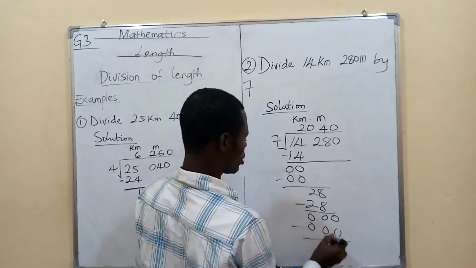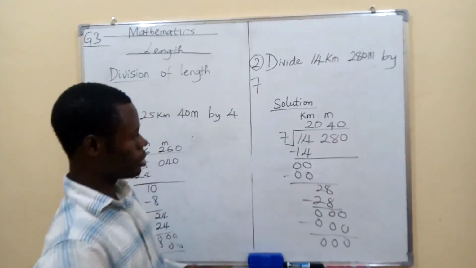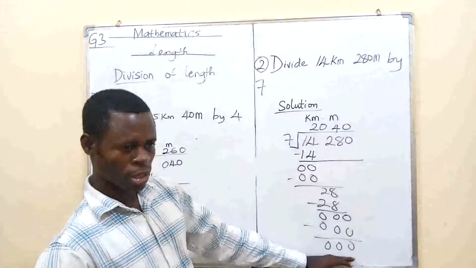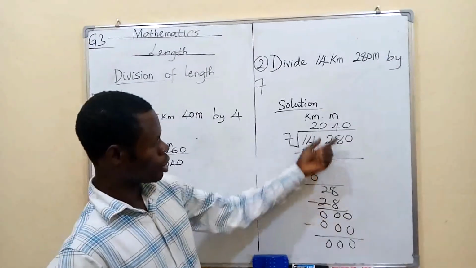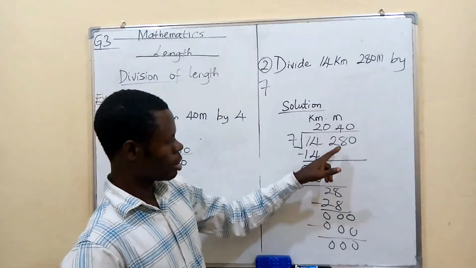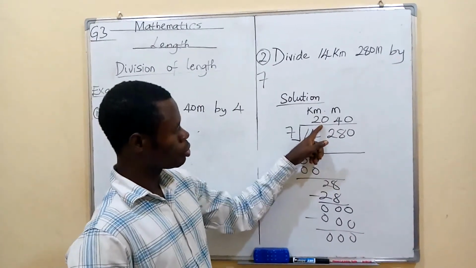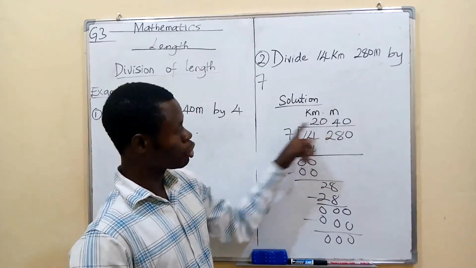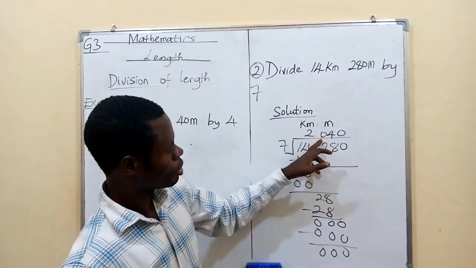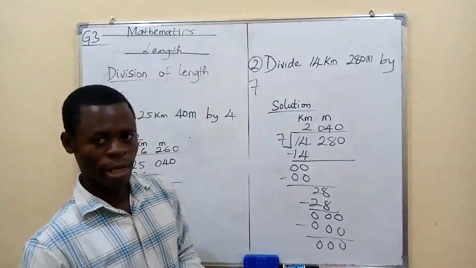If you subtract, you are still going to have 0. So since you subtracted till you have nothing left, that means what you have here is your answer. 14 kilometers, 280 meters divided by 7 is what? 2040. Sorry, is 2 kilometers, 40 meters. Alright?